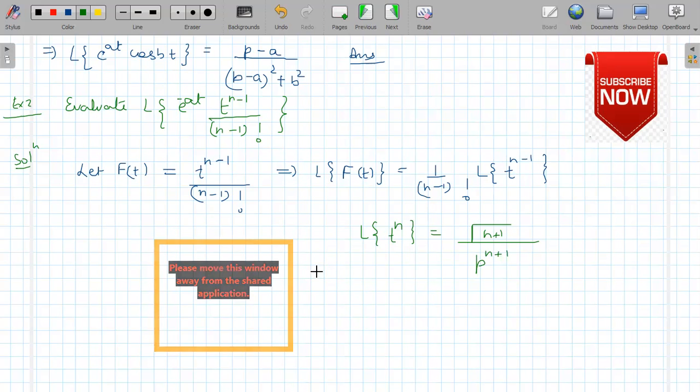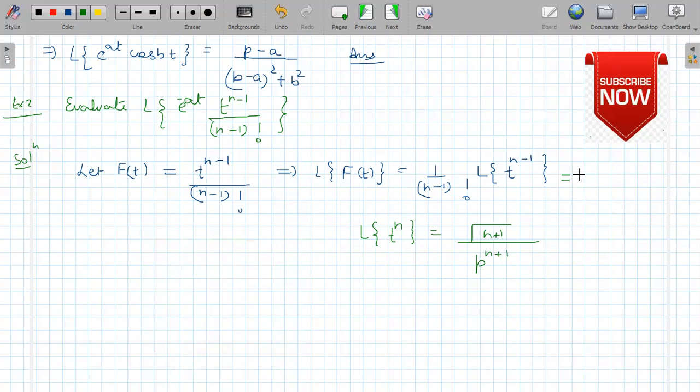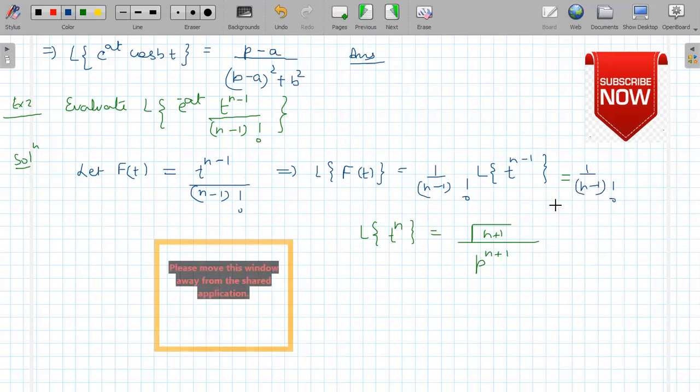So the Laplace transform of this t raised to the power n minus 1 will be 1 upon n minus 1 factorial. Here we have n minus 1, and whenever we have n here, 1 is added to the power.